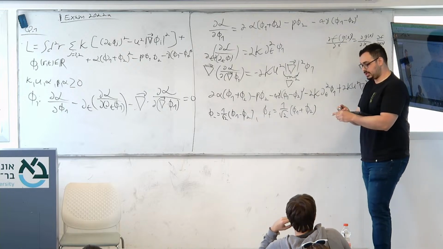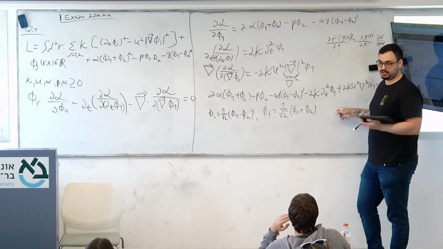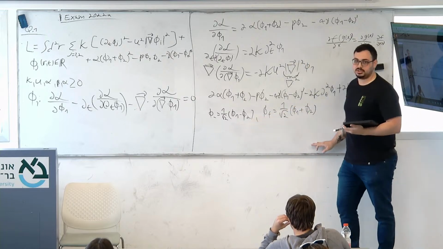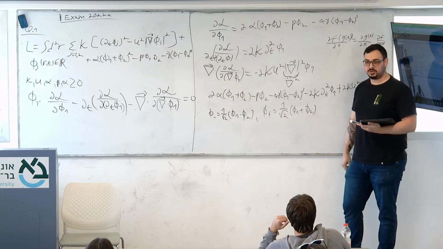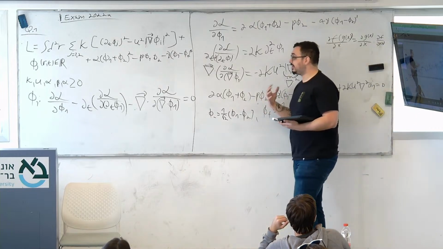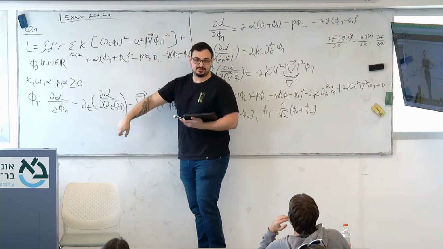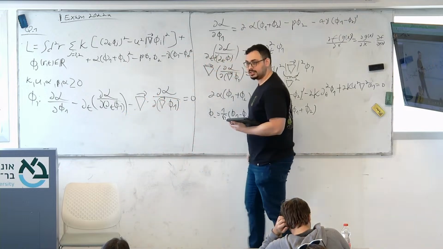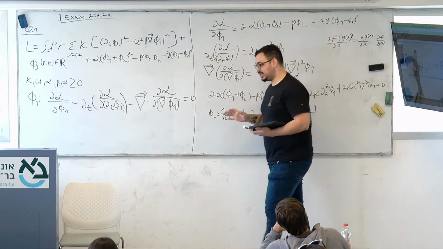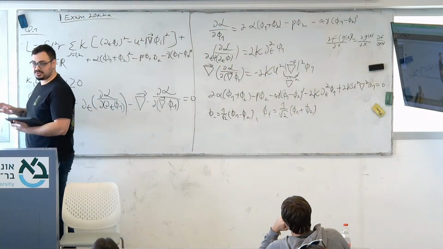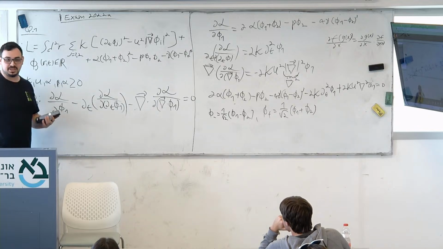Technically, in the question, it asks to transform the Euler-Lagrange equation using these conditions and then transform the Lagrangian. But since we're going to do both, I'm going to do something that I think is simpler, which is first transform the Lagrangian and then find again the Euler-Lagrange equation for phi plus and phi minus. Basically, as I'm trying to say, the fact that the question asks for a certain order is not holy. Just do it in the order that makes sense to you.